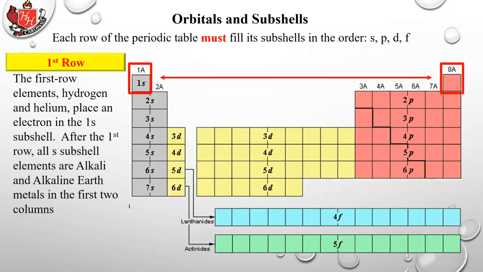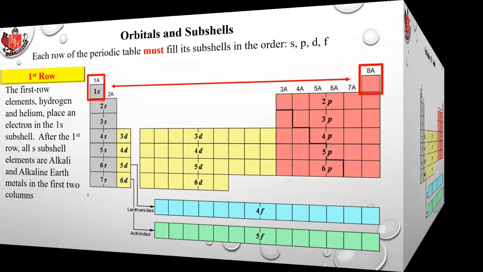So the first row elements hydrogen and helium place an electron in the 1s subshell. After the first row, all S subshell elements are alkali or alkaline earth metals in the first 2 columns. Those are the ones you see in gray.